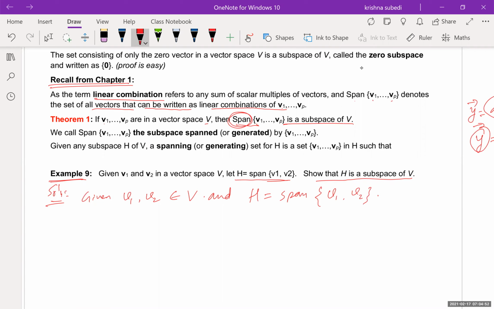So remember, if it is a span of some vectors, then this is automatically a subspace. By theorem 1, you don't have to do anything. H is a span of these, so by theorem 1, H is a subspace of V. Done.